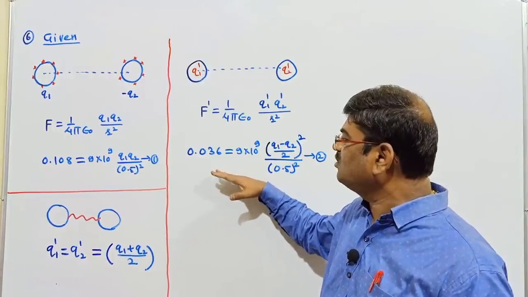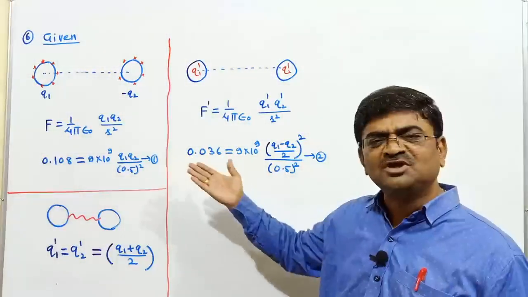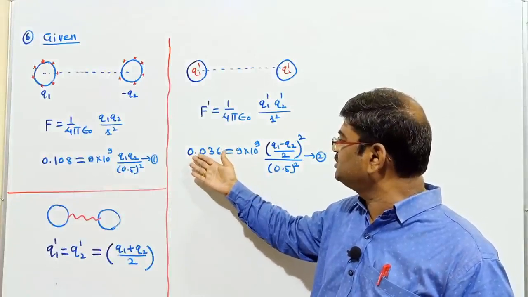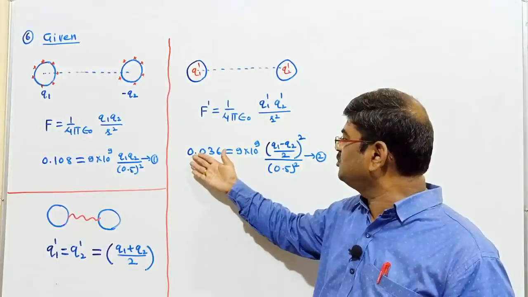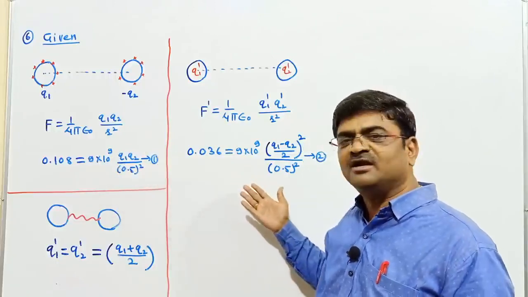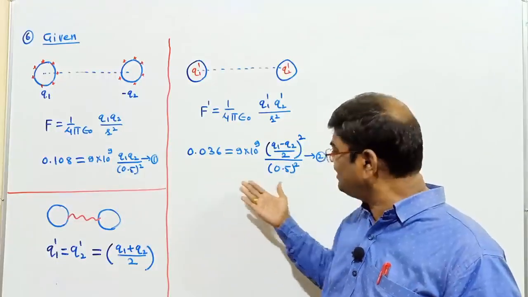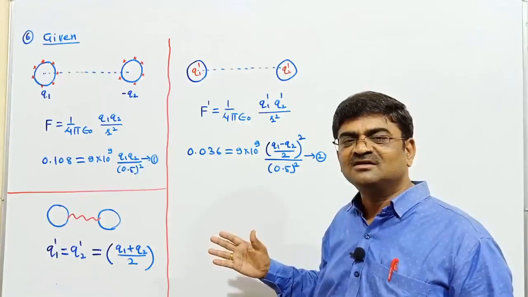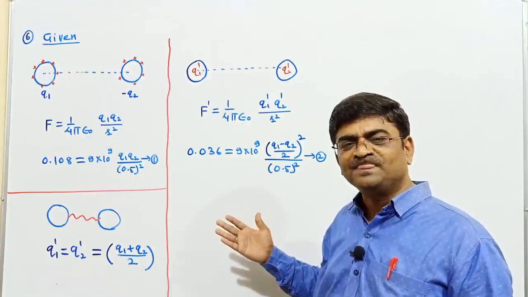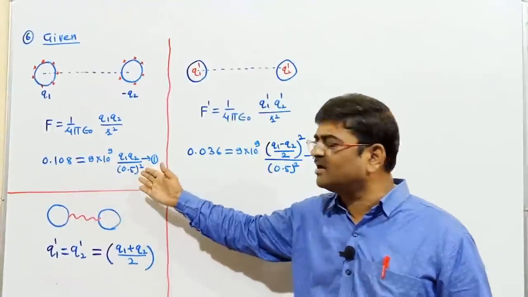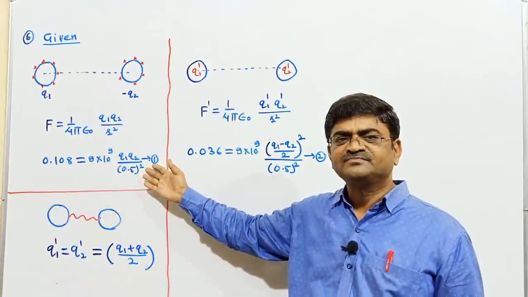What do I do now? I just take the ratio of these two equations. Like, I can divide this 0.036 divided by 0.108. Substitute that here and divide over here. So go for the calculation, and after doing so, separately you can do q1 equal to q2, calculate, and have a reference of that.